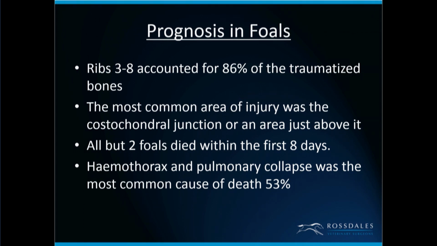All but 2 foals from the study died within the first 8 days, so it tends to be neonatal, newborn foals, quite early in their life. Hemothorax and pulmonary collapse was the most common cause of death in these foals, 53%. So it's something to be very aware of with these foals, that sometimes we miss it, but they can often end up dead with them as well.